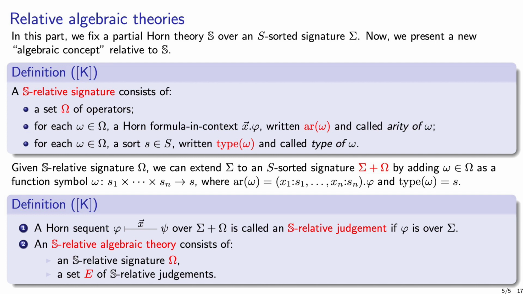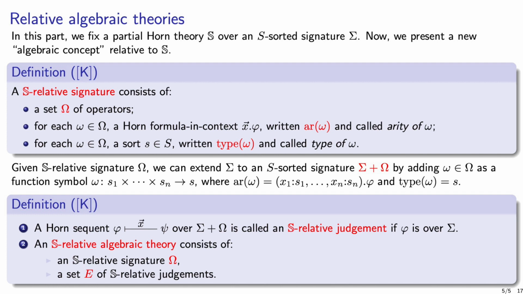You can consider each element of omega as an operation, and you can consider the arity as the domain and the type as the codomain. More precisely, each operation is a partial operation which outputs a result of its type if and only if the input satisfies the formula of its arity.